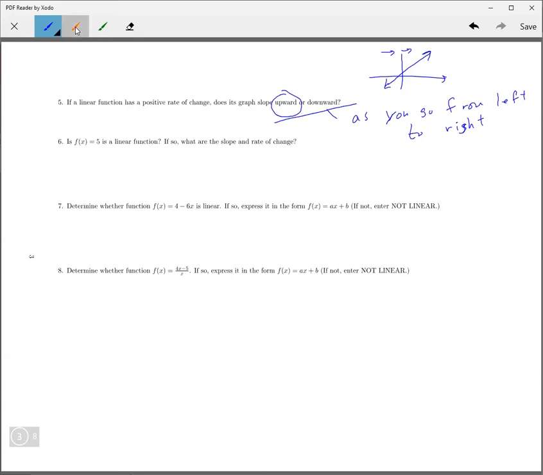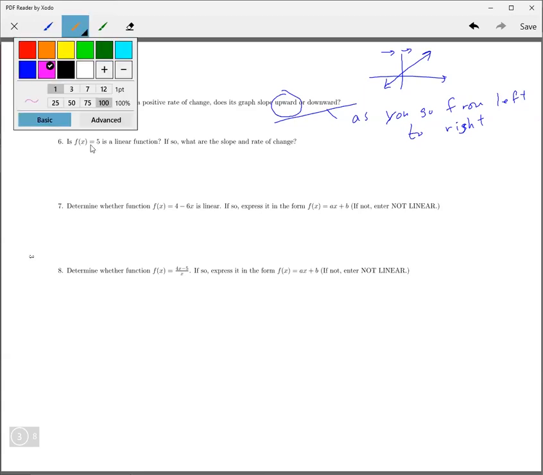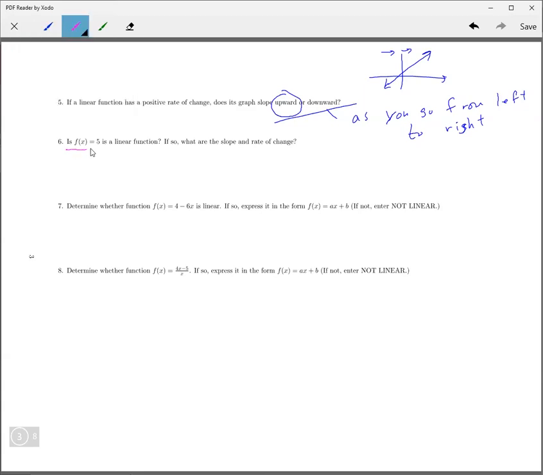Okay, number 6. Is f of x equals 5 a linear function? This is a little bit tricky because the linear function is of the form ax plus b, but you are allowed to have a equal to 0. A and b can be any real numbers that you want.